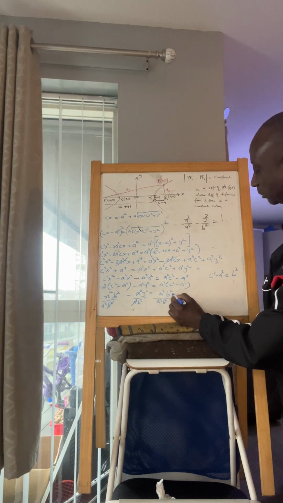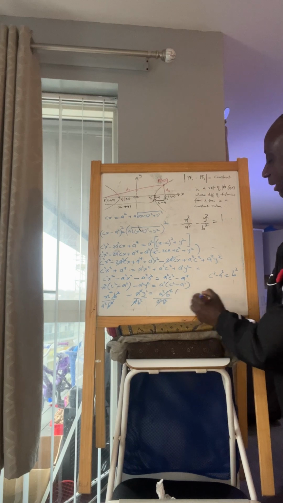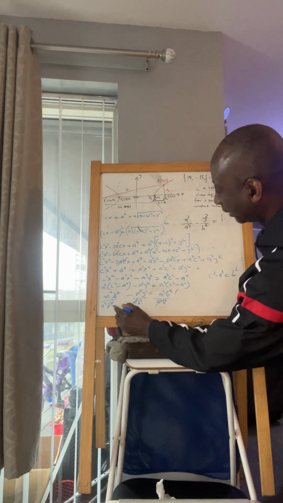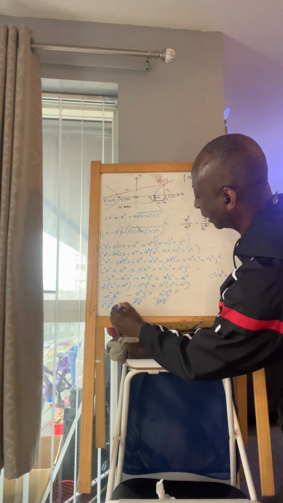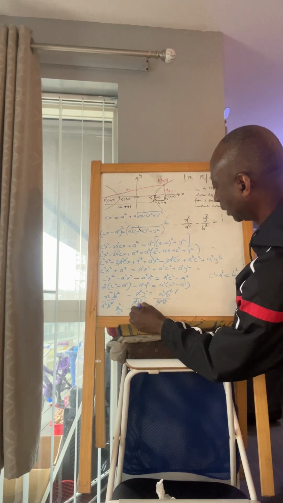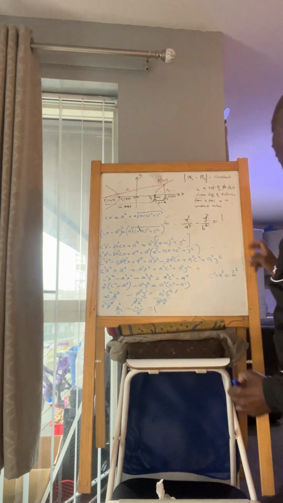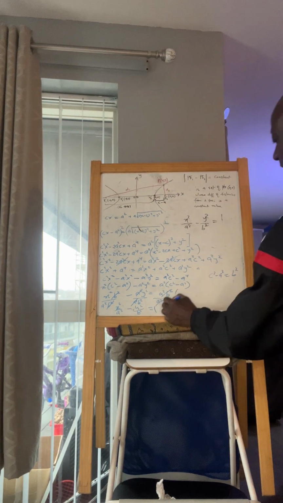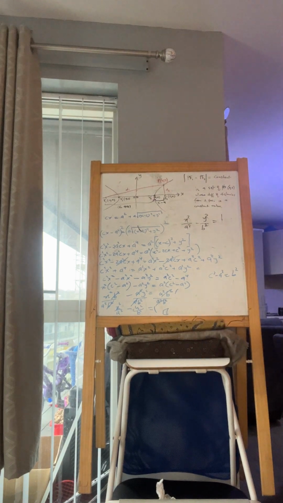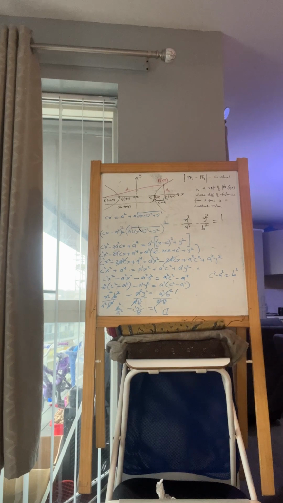And here a squared b squared, a squared b squared, they cancel each other. So what is left here is 1. And now here you have x squared over a squared minus y squared over b squared equals 1. Hence we prove this, we arrive at the result we are looking for.